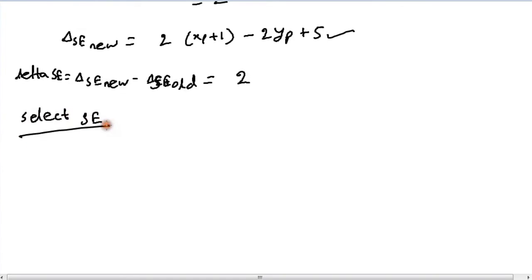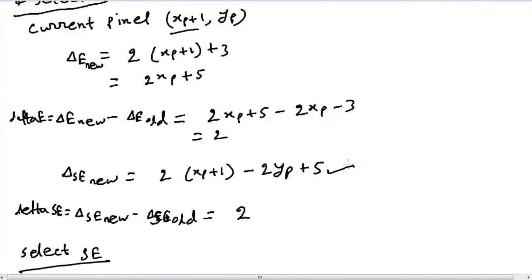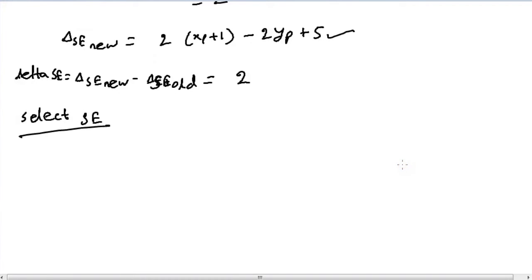Now, if we select SE on the other hand, then what do we get? This becomes our current pixel. So in that case, if SE is chosen, then this will become E right here, and this will become SE. And our current pixel would be XP plus 1, YP minus 1.